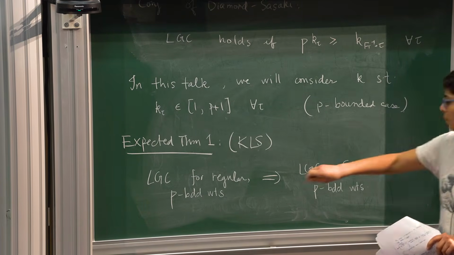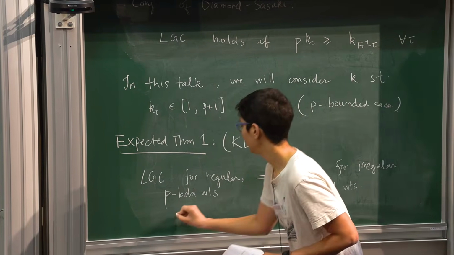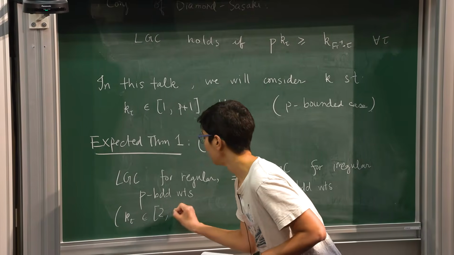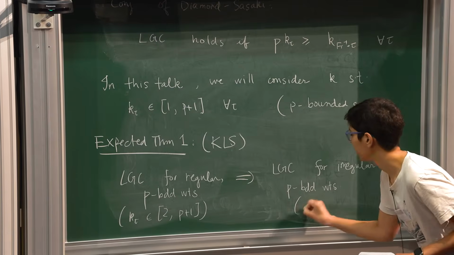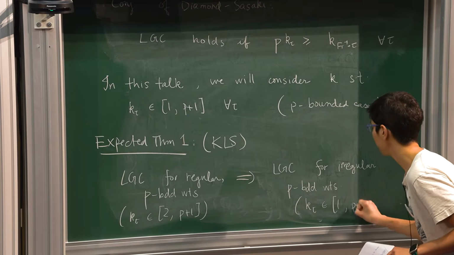Once again, regular means the weight has to be bigger than 1. So this is k_tau in 2 to p+1 for each tau. And this is k_tau in 1 to p+1 for each tau.